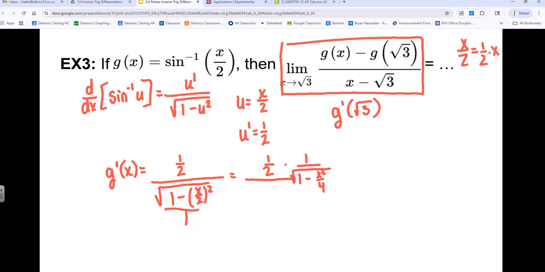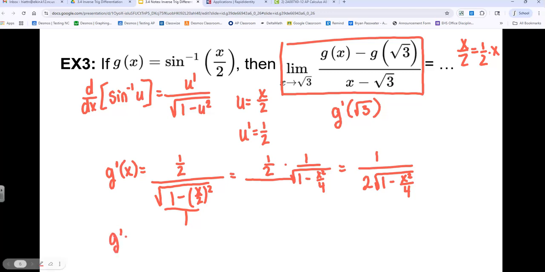You don't have to in that case, but it's probably not a bad idea, because maybe they don't ask us to plug in root 3 and we would need to know what's going on there. You don't have to simplify it like that, but I kind of like it. It makes the next steps a little bit easier too.